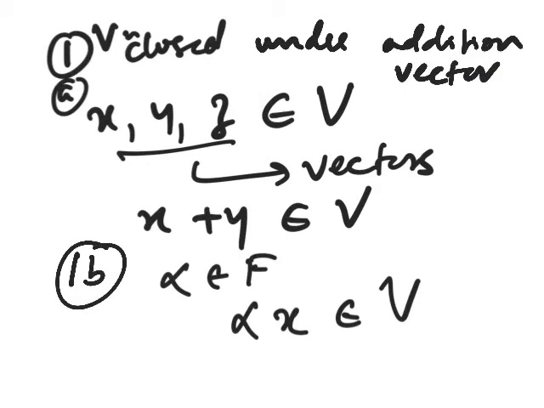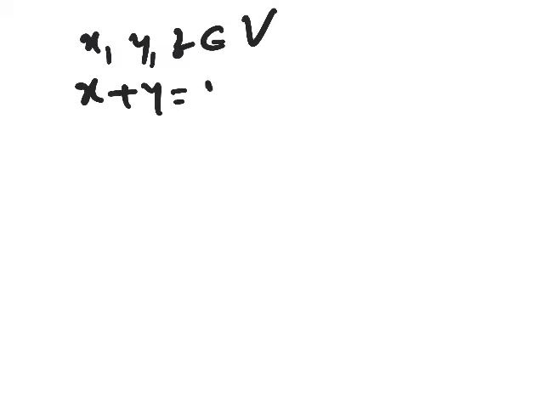Okay, in addition to these two, this is a basic necessity. Have you people finished writing? Additional properties are, say I have x, y, z elements of V. Any guesses? x plus y should be equal to y plus x, commutative property.